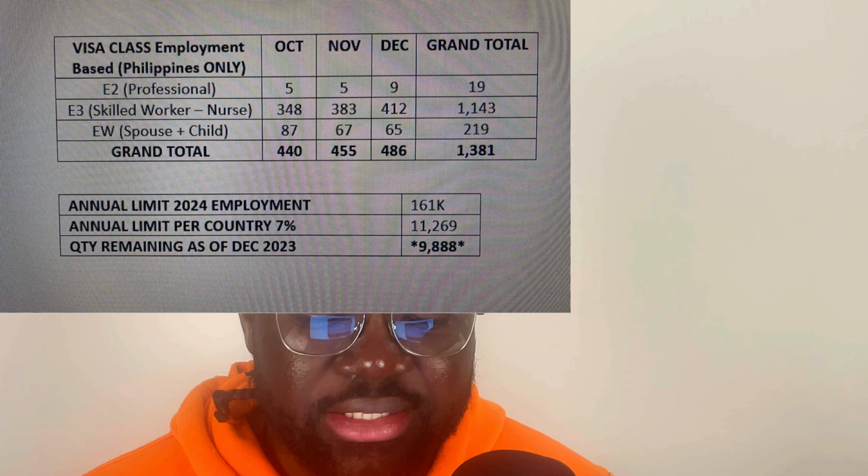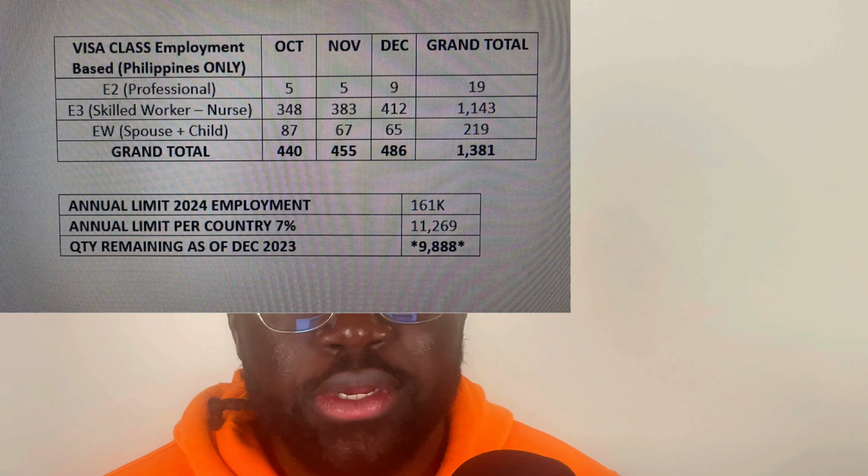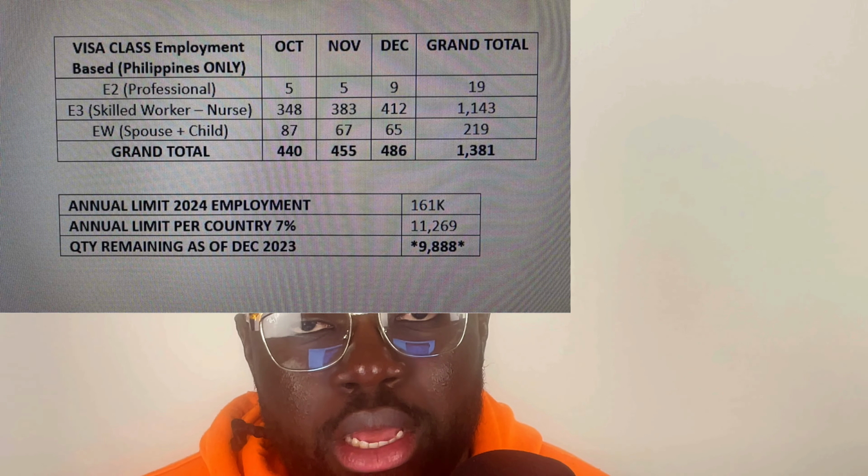The reason why I shared this data is because for people, I'm a Ghanaian. For people in Ghana whose priority dates may be current or who are already in the queue, it plays a role because, I didn't share this, but somewhere in December or somewhere in January, they only issued out 4 visas under employment-based category.